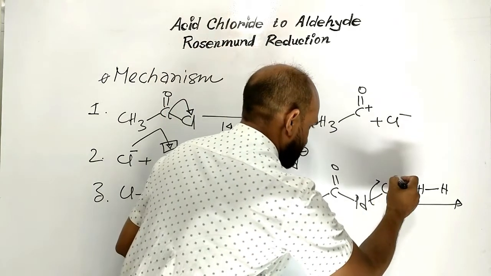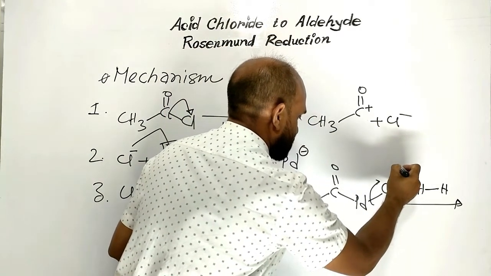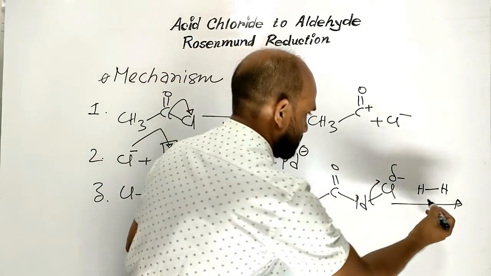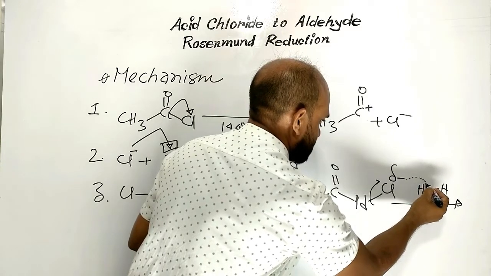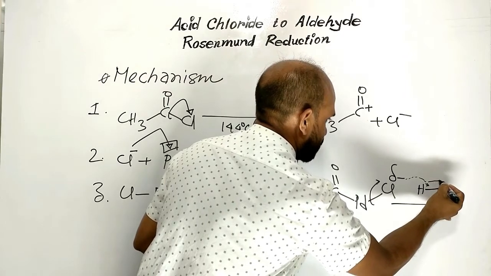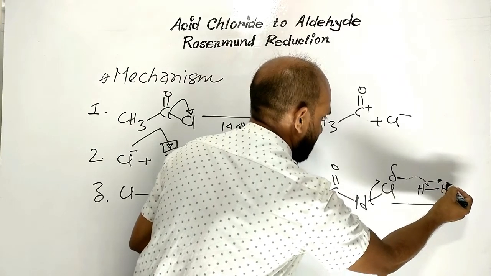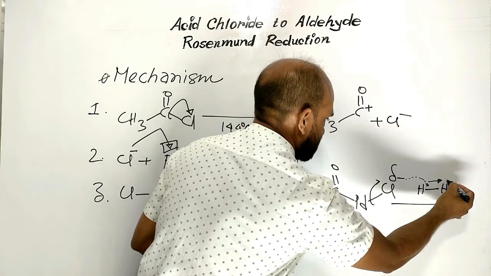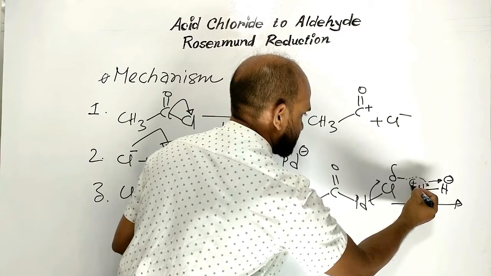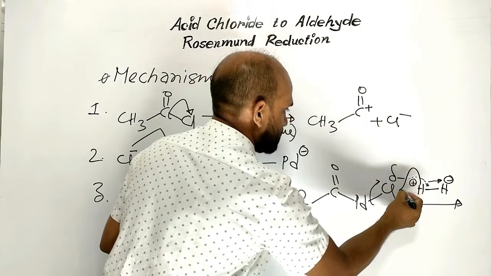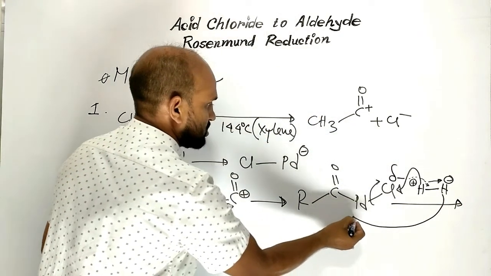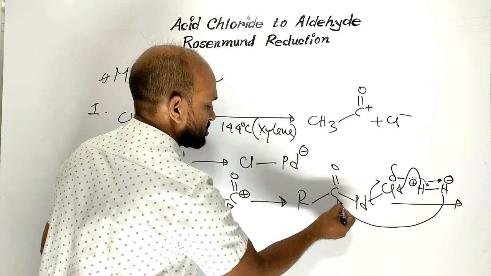So here initially partial negative charge develops. For this reason electron repulsion occurs. These covalently bonded electrons move towards this hydrogen. Ultimately this hydrogen becomes negatively charged, this hydrogen becomes positively charged, that combines with this chlorine, and this hydrogen combines with this carbon, the positively charged carbon.